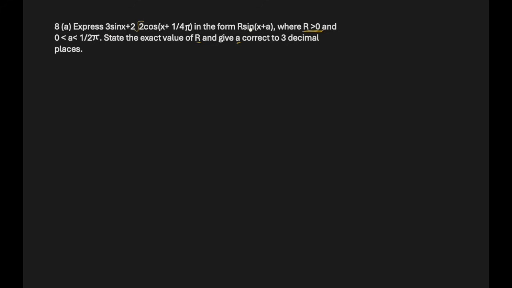So we want sin (a plus b). We should know the identity for sin (a plus b). It is sin a cos b plus cos a sin b. However, we see one more part here, cos (something plus something).